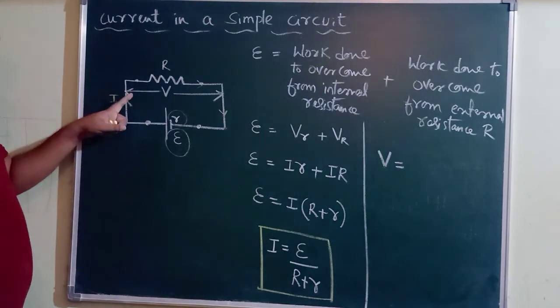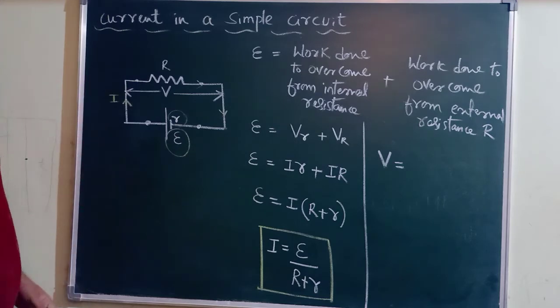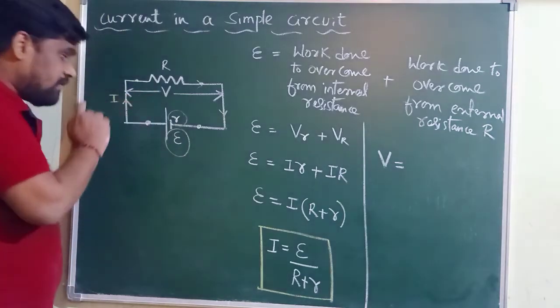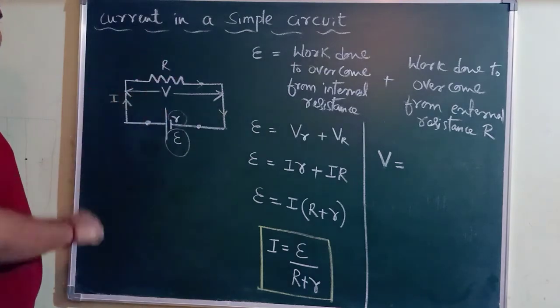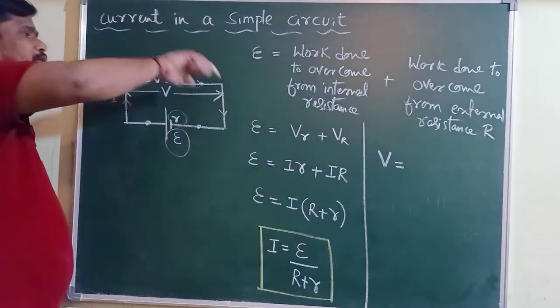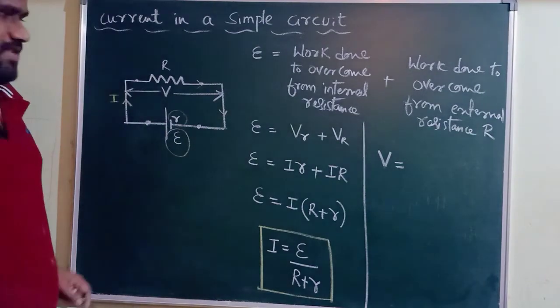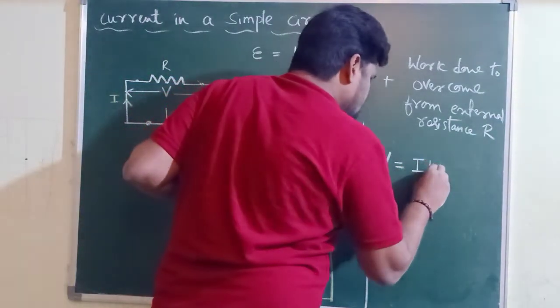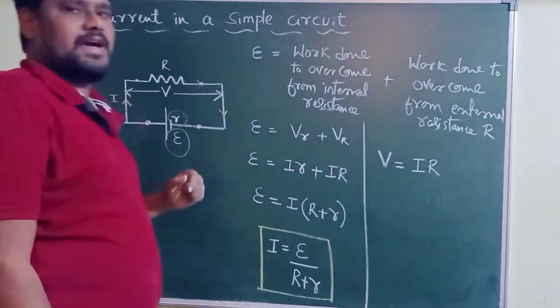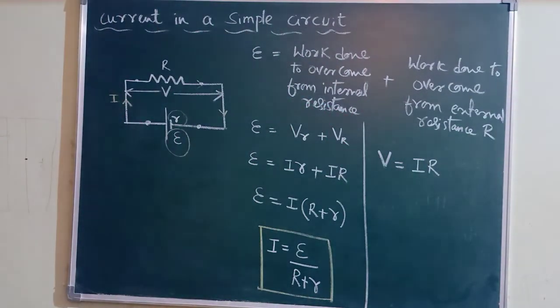Terminal potential difference V of a cell is numerically equal to the potential difference across the external resistance. Therefore, according to Ohm's law, V is equal to IR.